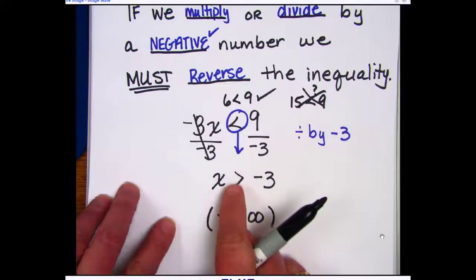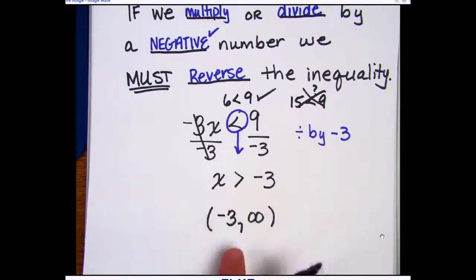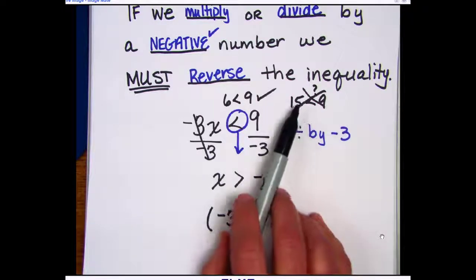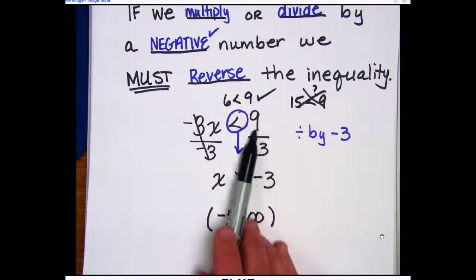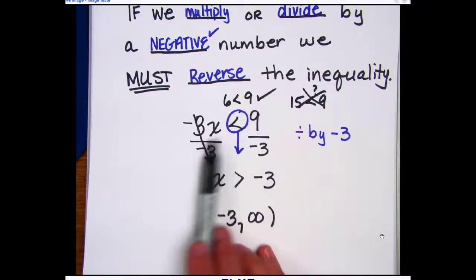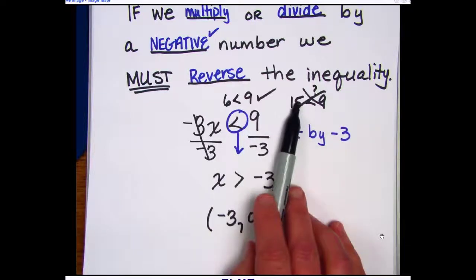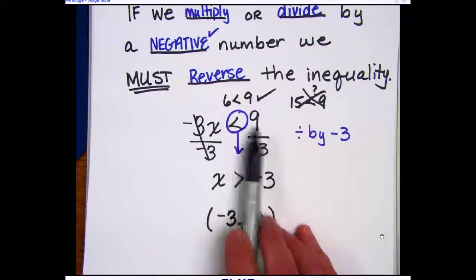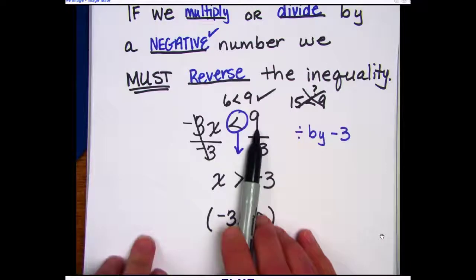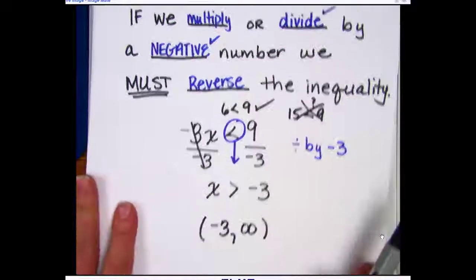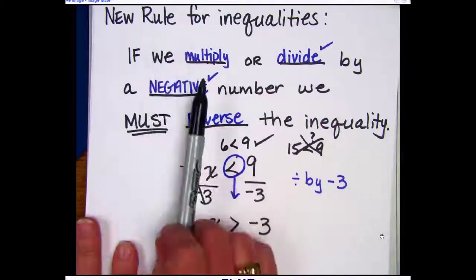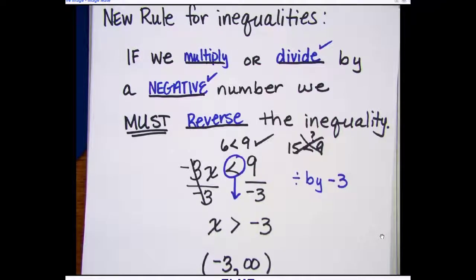If we had forgotten to reverse the inequality, we would have had x less than negative 3, which would have meant negative 5 works here. But we all know that if we take negative 5 times negative 3, it gives us positive 15, and that is not less than 9. So in order to solve this correctly, we have to adhere to this new rule. If we multiply or divide by a negative number, we must reverse the inequality.